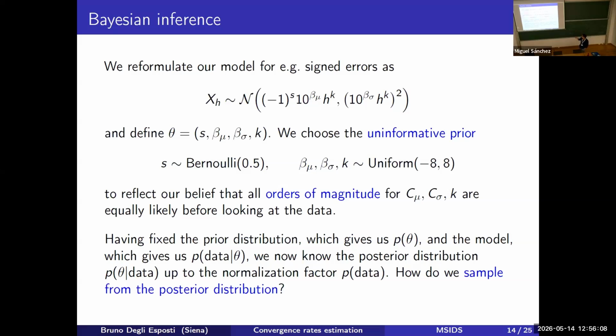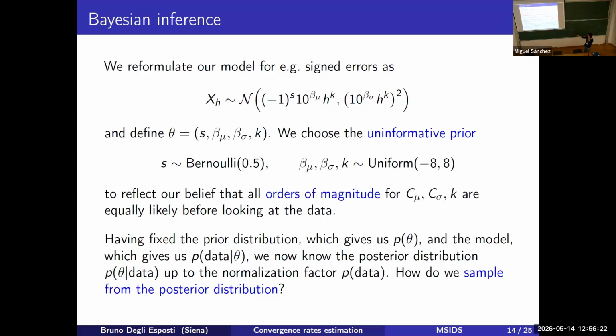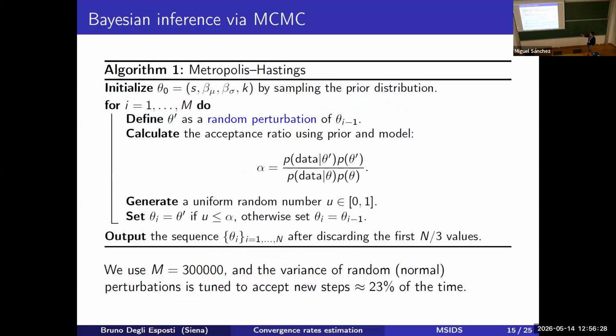And we now know the posterior distribution, P of theta given data, up to a normalization factor, P data, which was here, the normalization factor. How do we sample from the posterior distribution if we don't even know P data? Well, that's where the Metropolis Hastings algorithm comes to help us.